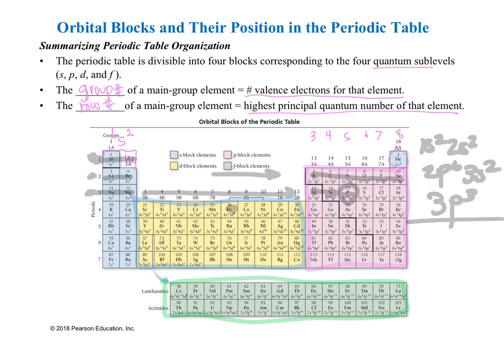If I wanted to get somewhere like iron, keep in mind what's going to happen. We're going to go all the way through 3p6, come down to 4s. We'd have 4s2. And then the D block actually starts here at 3d.